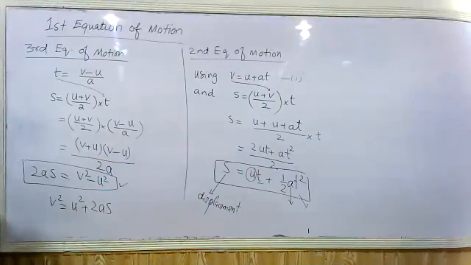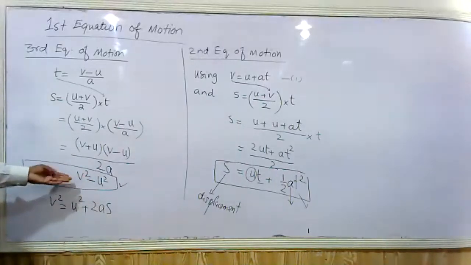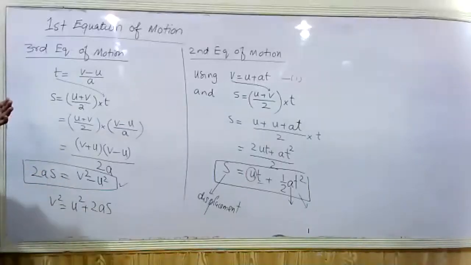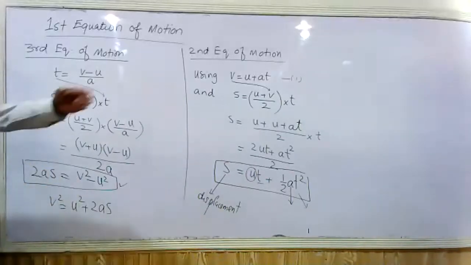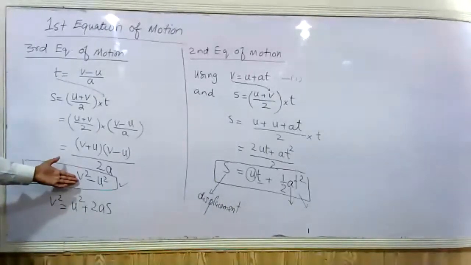So in those situations where time is not known, but we know the acceleration, we know the displacement the object has gone through, and we know the initial velocity, and we have to find the final velocity, this is convenient. So in all those situations in which the object is starting from rest, let's say, and we know how far it has gone and the acceleration with which it has been moving, we can easily calculate the final velocity.